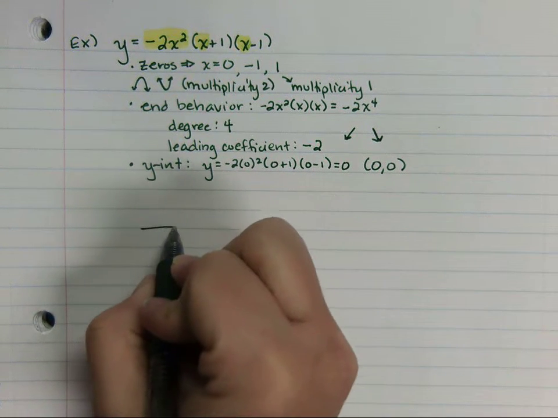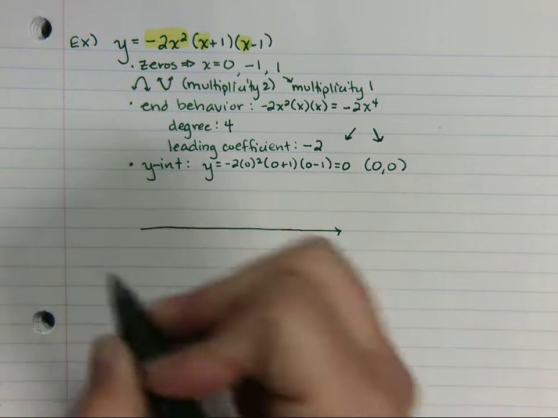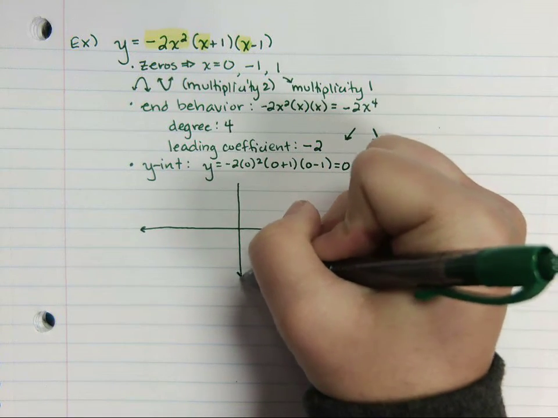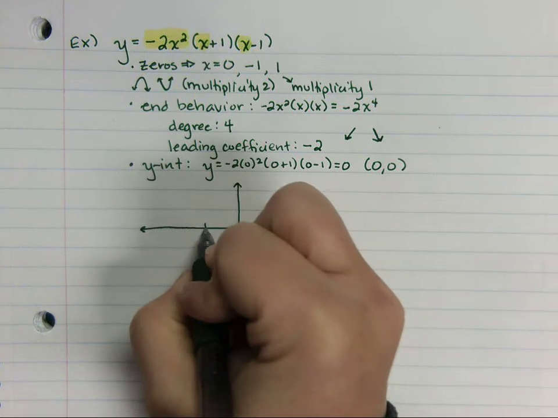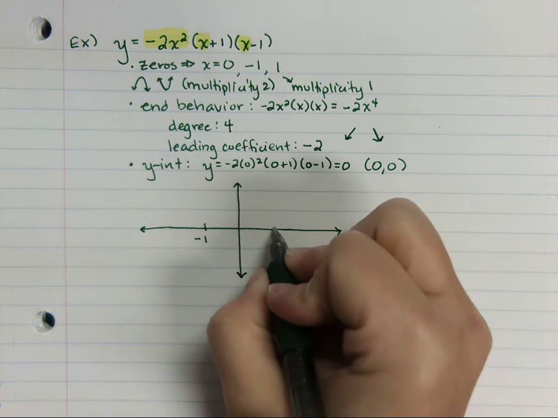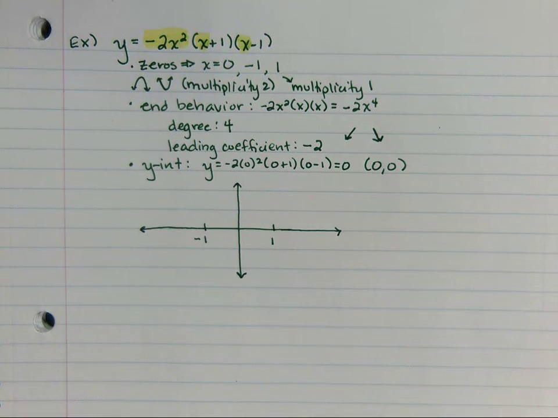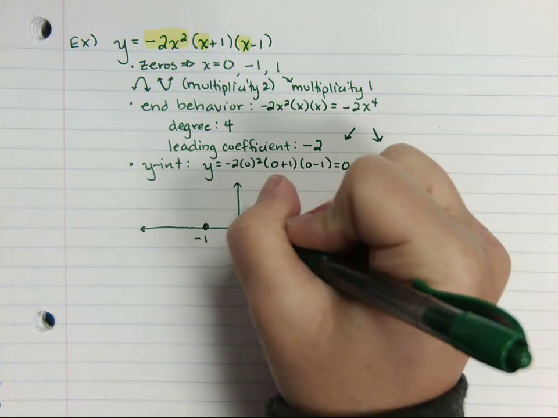So let's give ourselves a little bit of a graph. Again, it does not have to be very detailed. The main detail comes from the zeros. So make sure that you give your graph equal hash marks. And we're going to put our zeros as big dots.